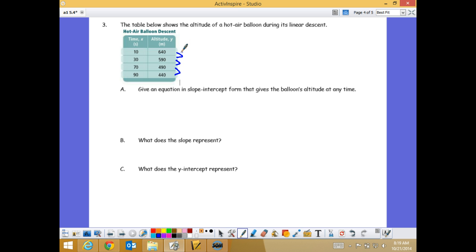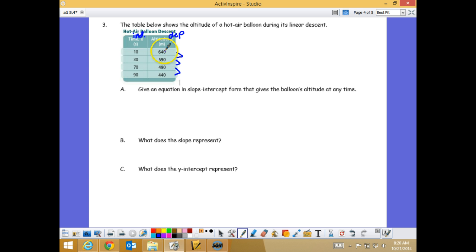So, again, I'm going to think of the altitude as the dependent value, because the altitude depends upon the time. So the time is the independent value. And as discussed in 5.1, the rate of change is the change in the dependent values divided by the change in the independent values.